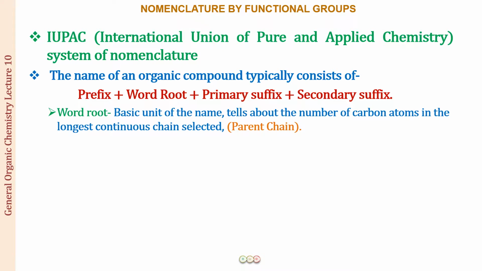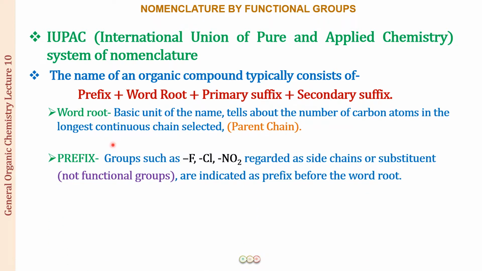For example, if a CH3 was present as a side chain, we called it methyl. If a C2H5 was present as a side chain, we called it an ethyl group. These were the prefixes we used. But when we come to other groups present apart from the alkyl groups, there you have to remember that groups like fluorine, chlorine, that is the halogens, and the NO2 group.